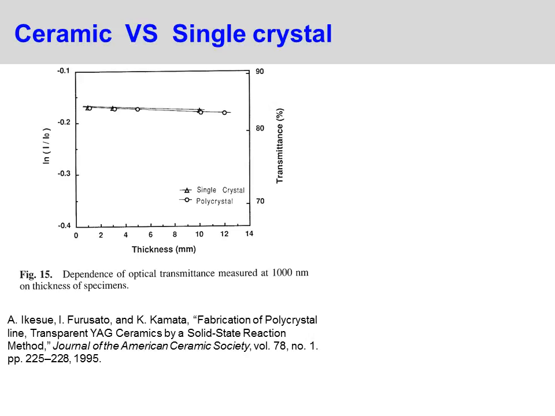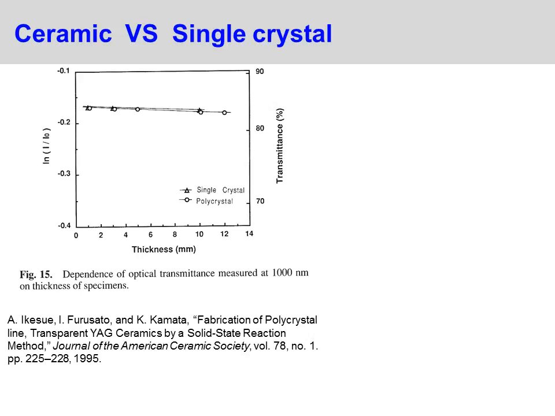Traditionally, solid-state laser is made by single crystal, but in 1995, a paper compared these two materials and found out that the transmittance of transparent ceramics and single crystal is almost the same.